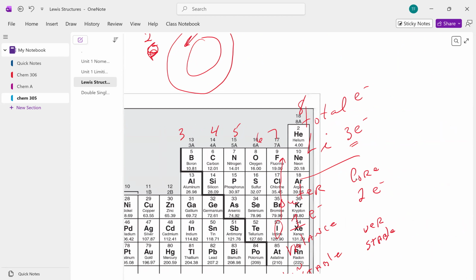So yes, what you are just describing to me, yes, as long as you understand that pairing bit, and how to draw the dots. Yeah, because if you have the 5 there on nitrogen, you'd have 5 singletons. There's not 5 singletons. There's only 3 because two of them are paired up. Oxygen should have 6 singletons, but it only has 2 because 4 of them are in 2 pairs.